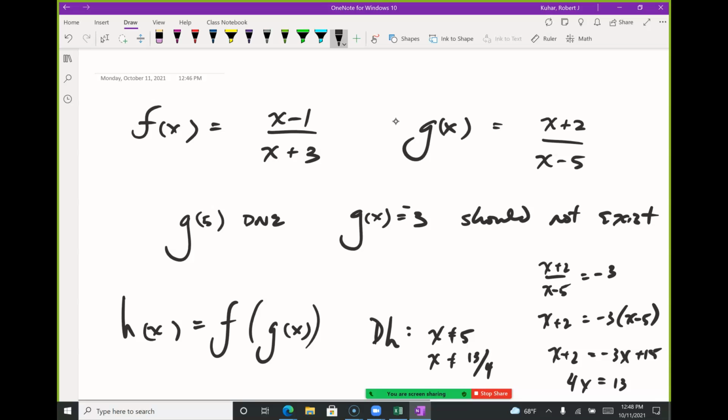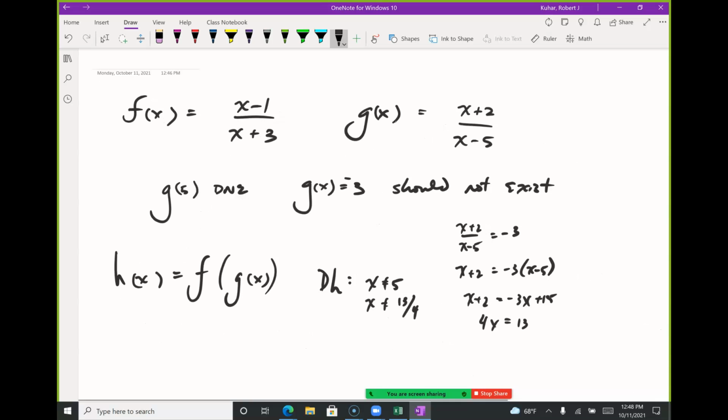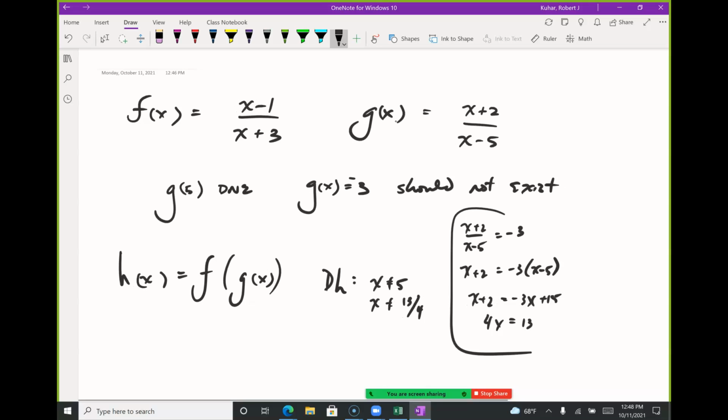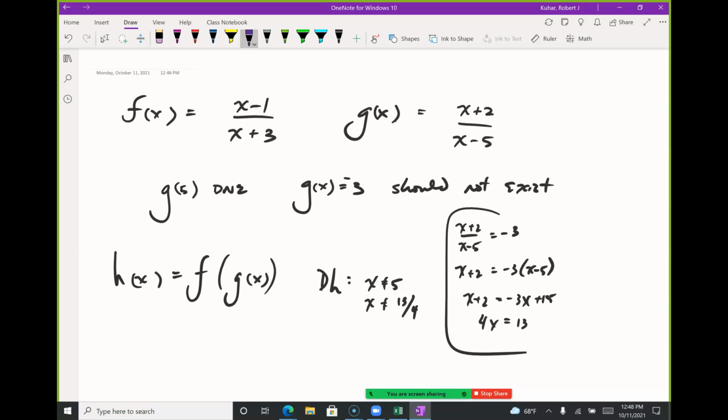So those are the two values not in my domain. It's a little bit strange, but I'll talk about that again in a little bit. Again, I have to look at the domain of g and the domain of f, and then make sure the output of g is all in the domain of f, because g is the interior function now.